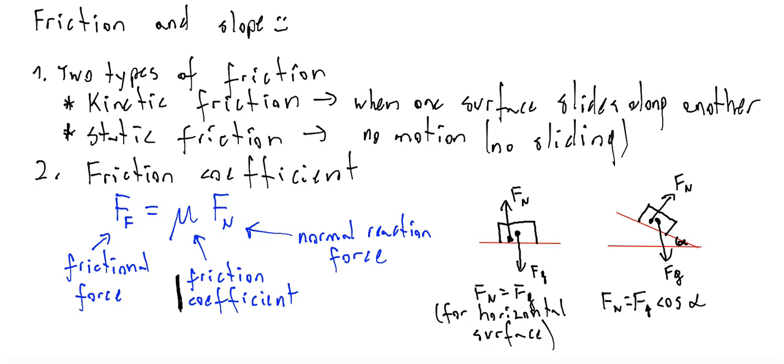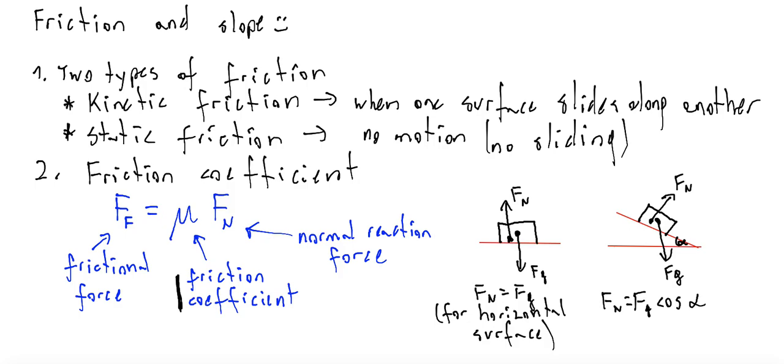Example of a small friction coefficient: ice. Example of a high friction coefficient: sandpaper. Sandpaper has a huge friction coefficient, so it's very difficult to move a surface covered by sandpaper along another surface covered by sandpaper, because friction is very high.